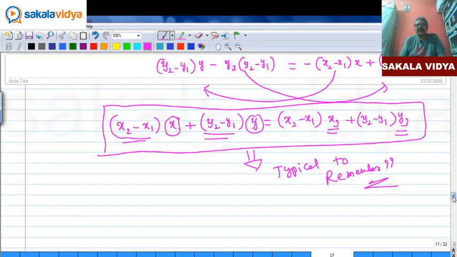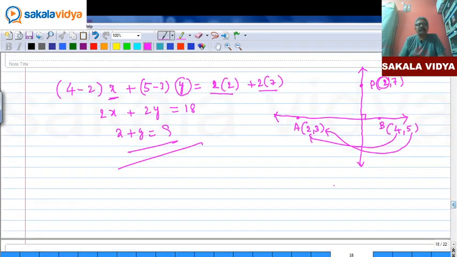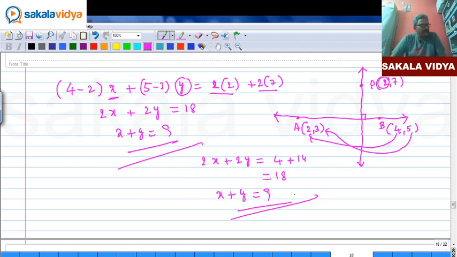Now I will give one more check. 4 minus 2 times x plus 5 minus 3 times y equals, in the place of x, 2, so 4, plus in the place of y, 7, so 14, equals 18, divide by 2, x plus y is equal to 9. See how useful these results are.